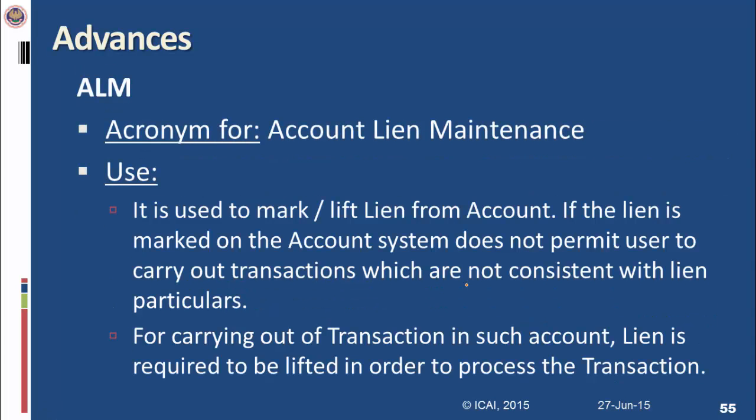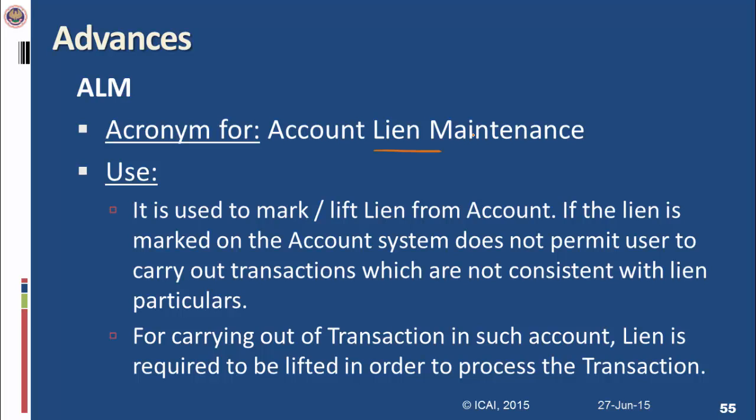ALM, account lien maintenance, is for any credit facility against deposits or the asset of a customer within that bank. Lien is marked. A lien will prevent anyone in the bank system from getting the money out, because the system will affix a lock on it. Only when the lien is lifted will the system allow a user to debit that account and take the money out.